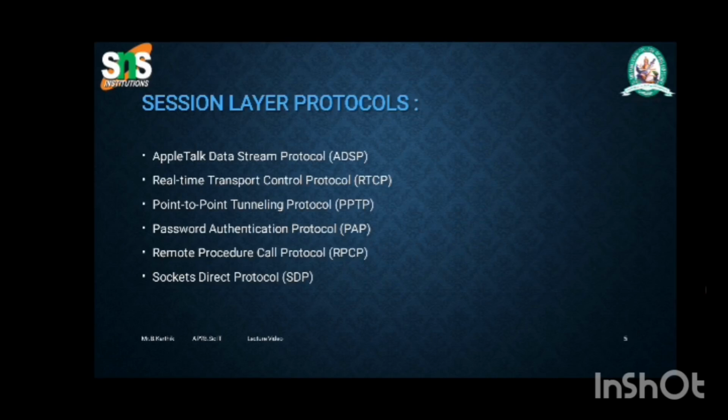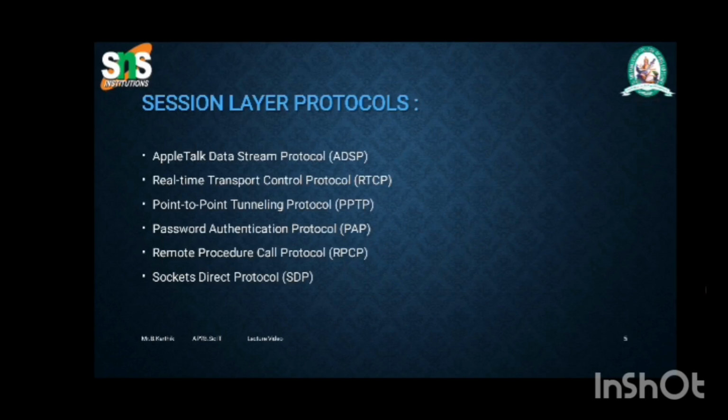AppleTalk Data Stream Protocol is a type of protocol which was developed by Apple Inc., and it includes a number of features that allow a local network to be connected with no prior setup.